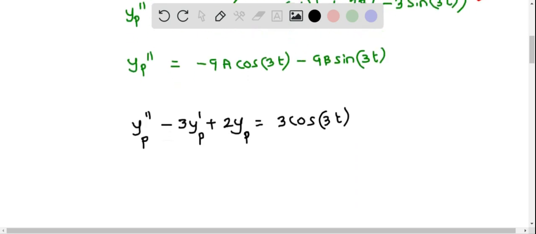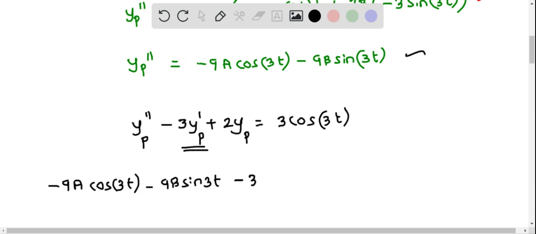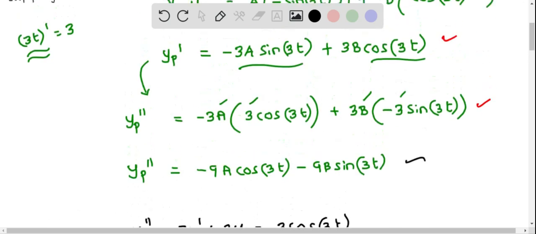So first, let me substitute the yp double prime. The yp double prime is negative 9a cosine 3t minus 9b sine of 3t. Then I have negative 3 times yp prime.